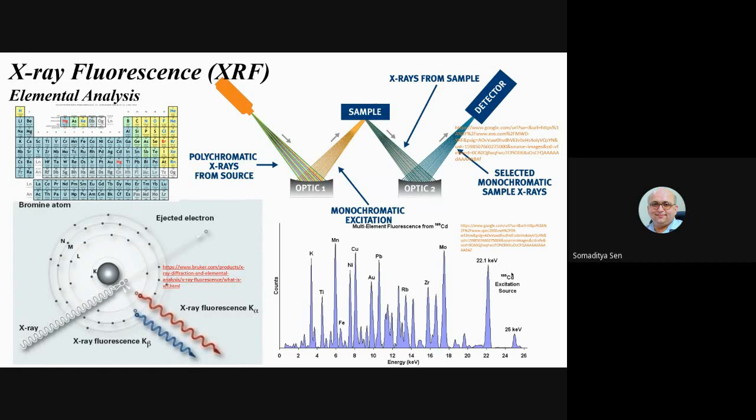Now, why is it so? X-rays, electrons, and neutrons have wavelengths which are compatible with the atomic or the molecular dimension. Okay. Suppose I give you an example: a flat surface which is filled with marbles, closely packed.